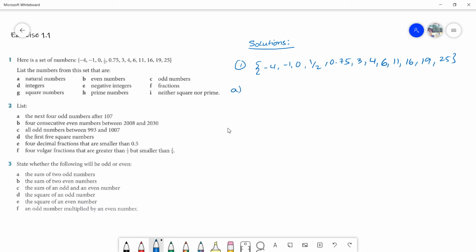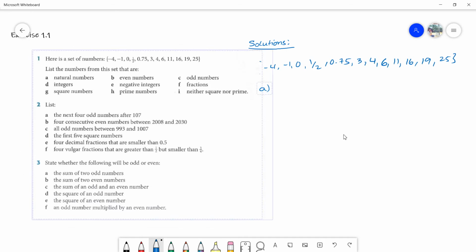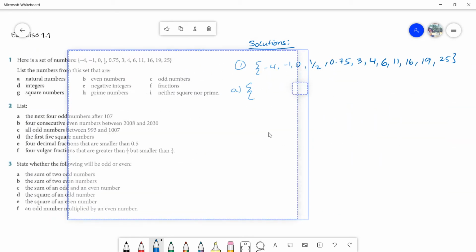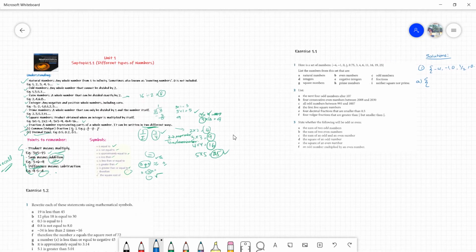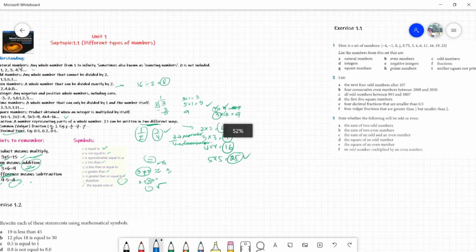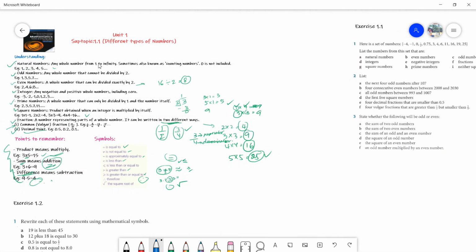Now first, A. We'll find the natural numbers. So list the numbers from the set that are natural numbers. Okay. So now we have to go back to the definition. What are natural numbers? Natural numbers are whole numbers starting from 1 to infinity, and it doesn't include 0.